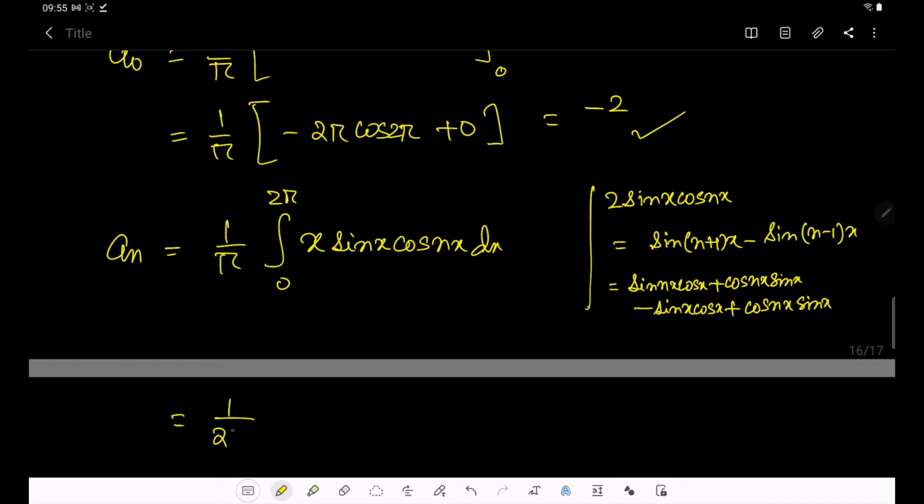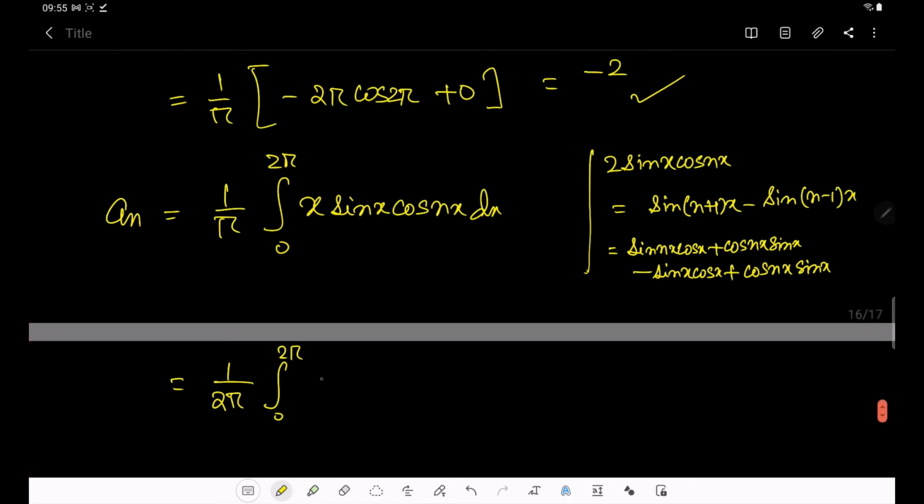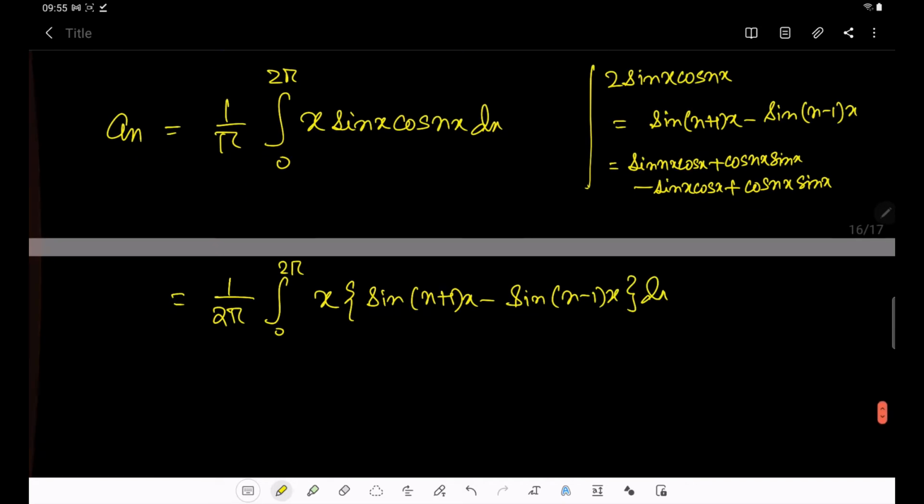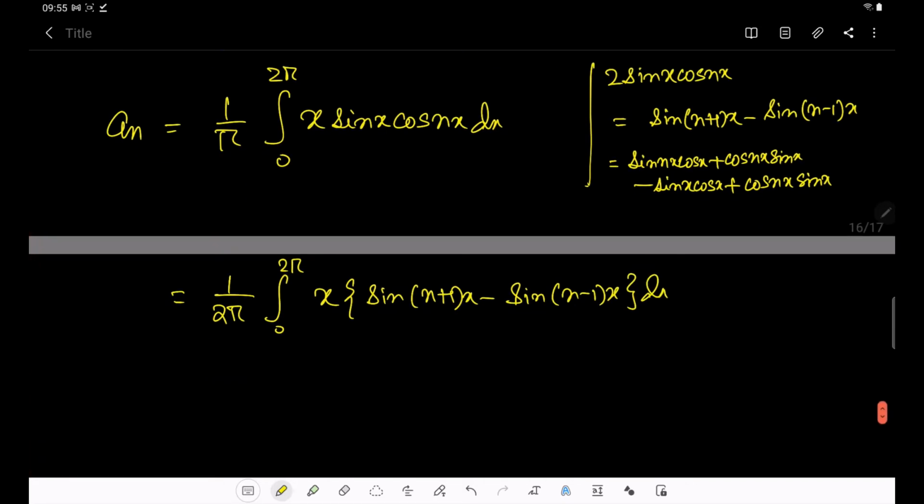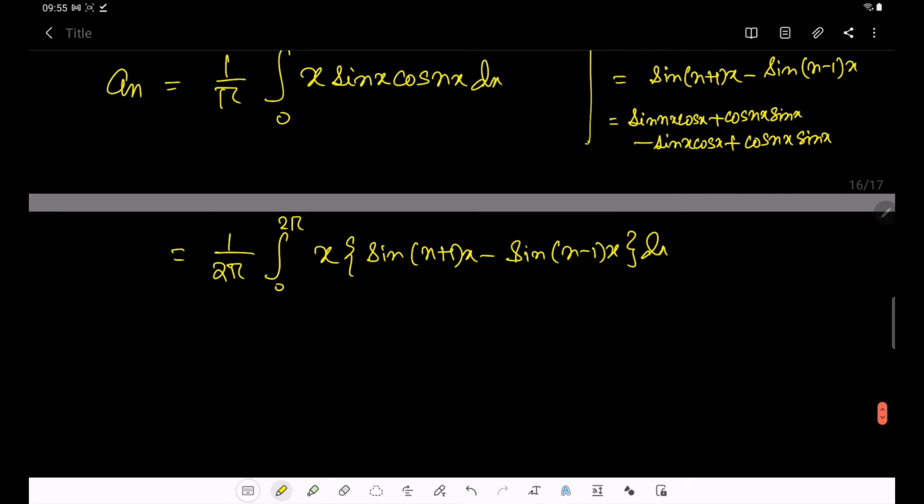So it is there, and we can write that 1/(2π) times the integral from 0 to 2π of x times (sin((n+1)x) minus sin((n−1)x)) dx. I think I am correct.